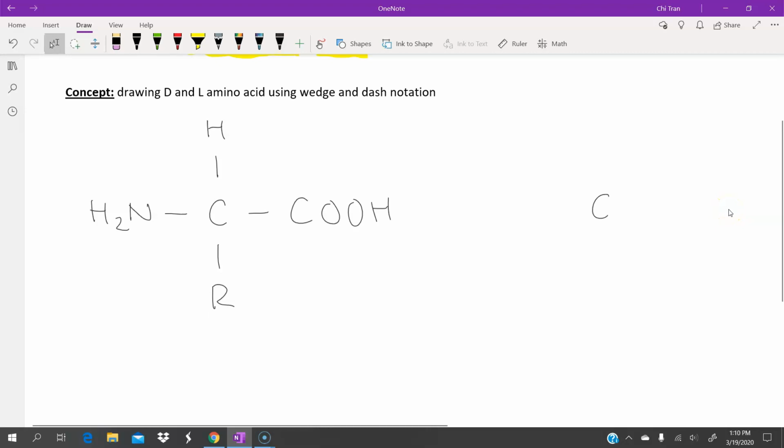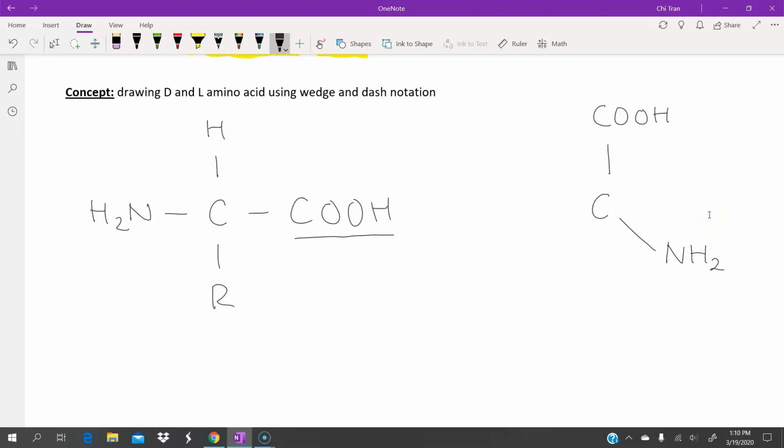would have the carbon in the center, this carboxyl group right here will be on top, and then on the same plane, opposite to the carboxyl group, we would have the amine group.